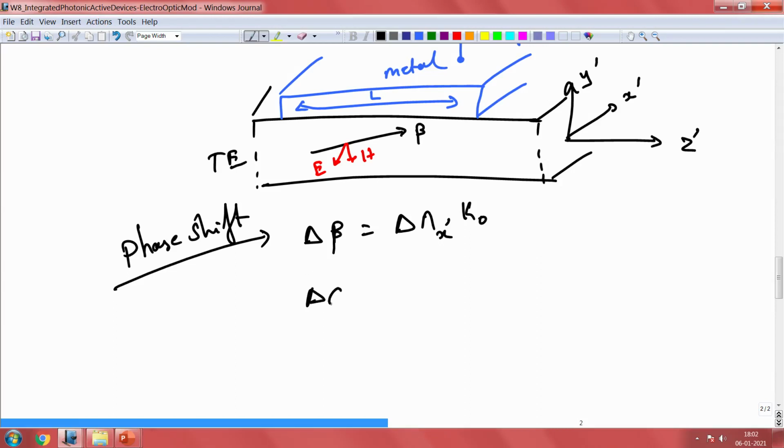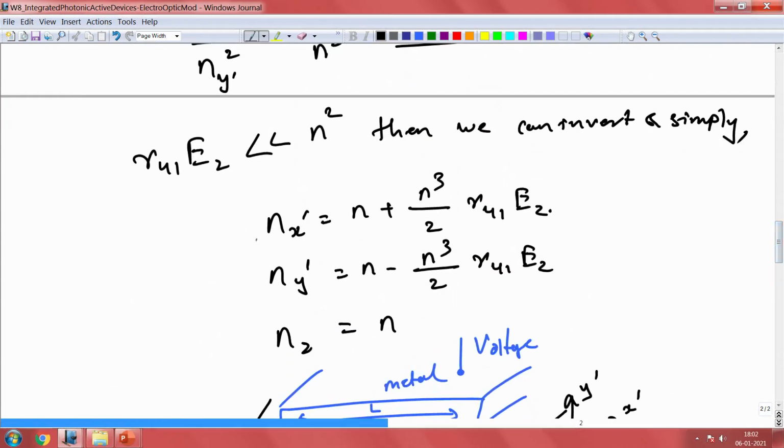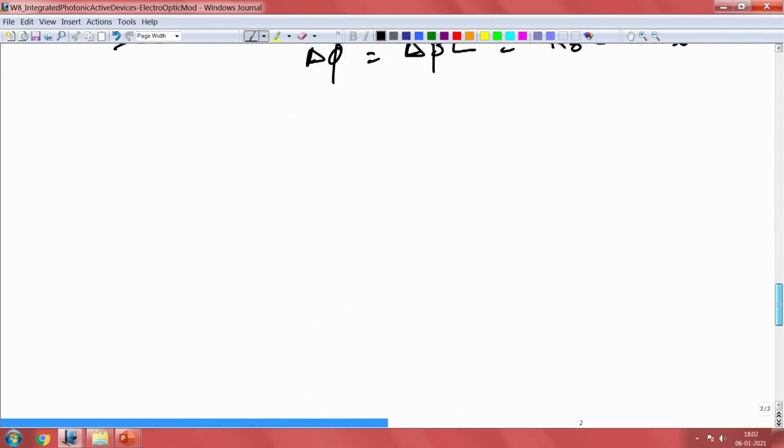What should be your phase change? It is nothing but delta beta times L, right. So now we know that this is nothing but k naught L delta n x dash, and we know what n x dash is, so let us bring that n x dash here.